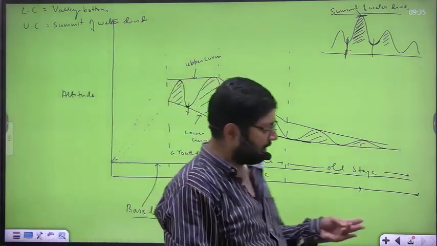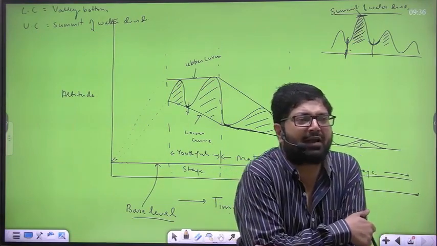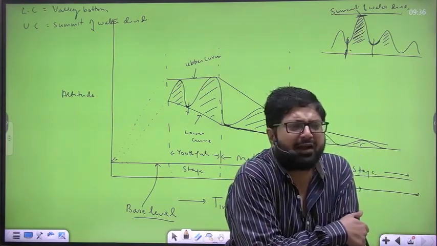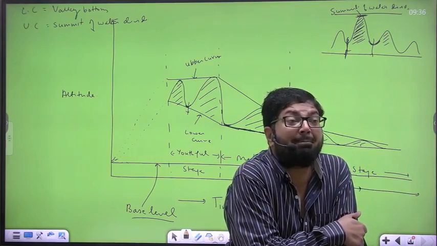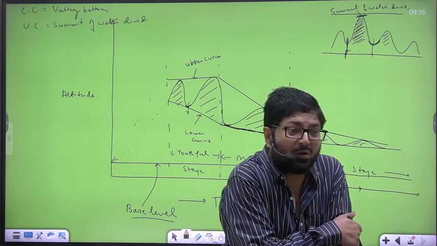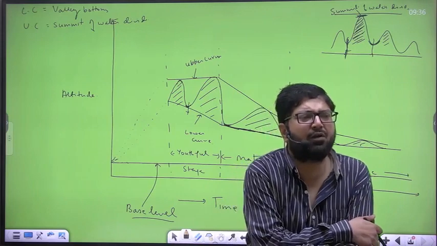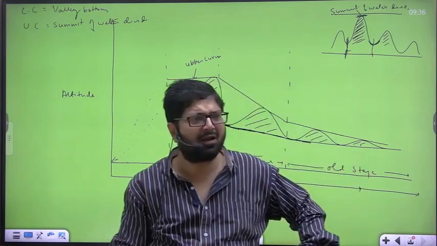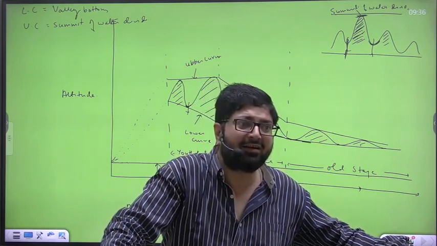Okay, tell me one thing, the height of Mount Everest is 8,848 or 50 meters above mean sea level, isn't it? What does it mean? We always measure height from sea level. Can you see that height?